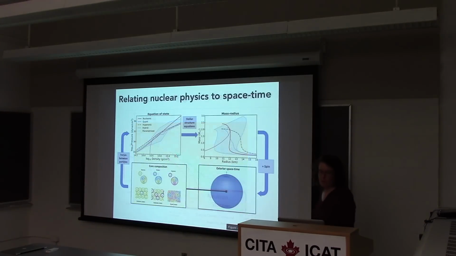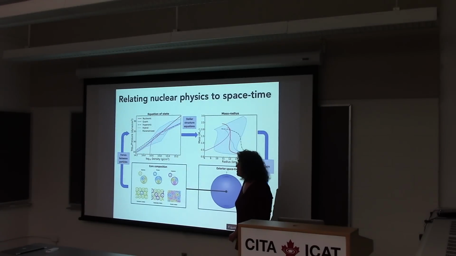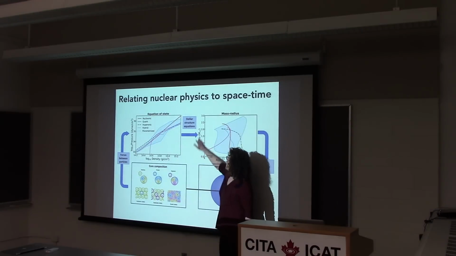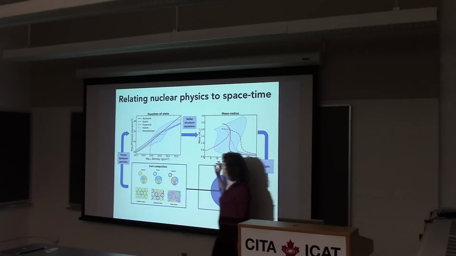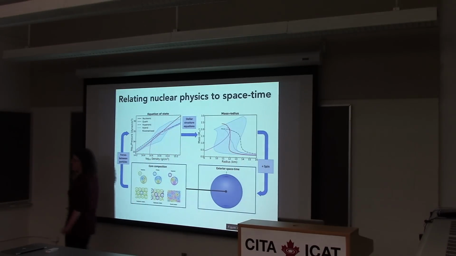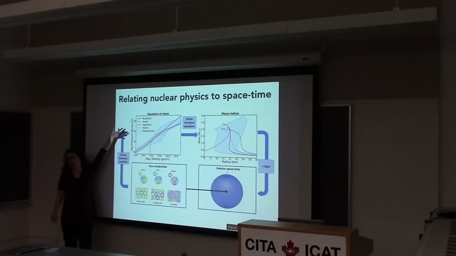And so what we do is we try to relate observables, things like the mass and radius of a neutron star, to properties of the equation of state of a neutron star, which is a relationship between the pressure and density of your material. Remember, I said that we're essentially at 0 temperature, so we're not worried about temperature.